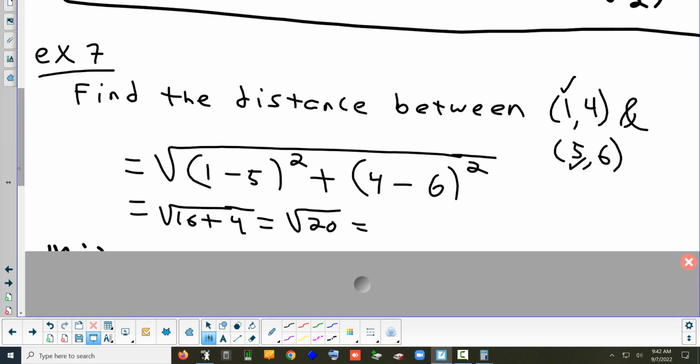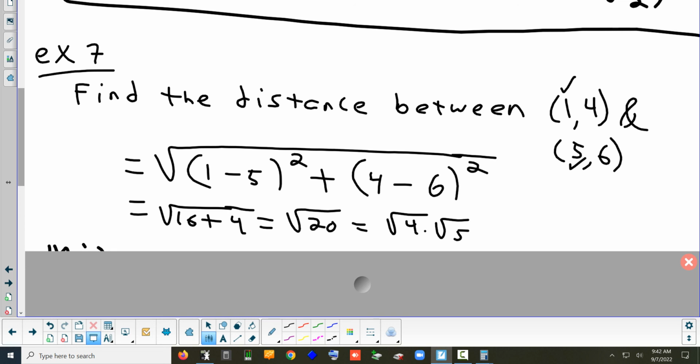Does anyone remember how to simplify the square root of 20? Would you break it into the square root of 4 and square root of 5? Yes. The goal is to break it up as a multiplication problem, and the two numbers that you multiply together have to give you that.